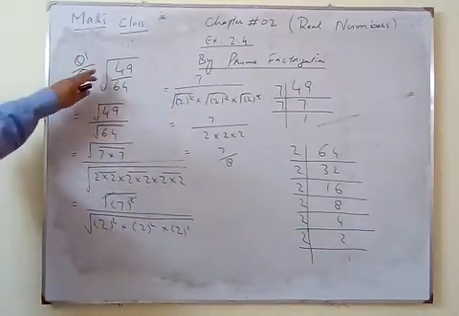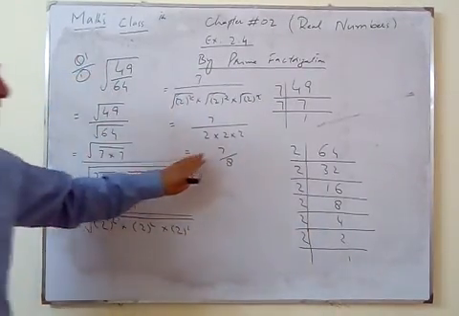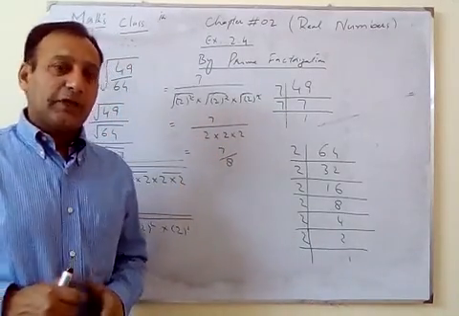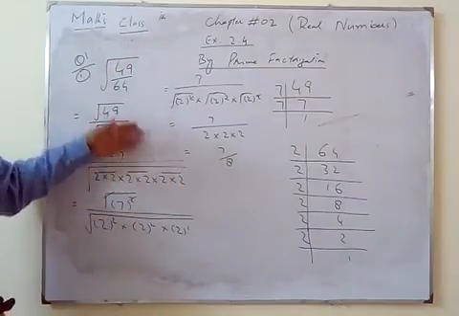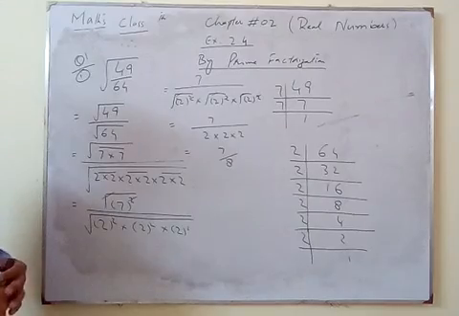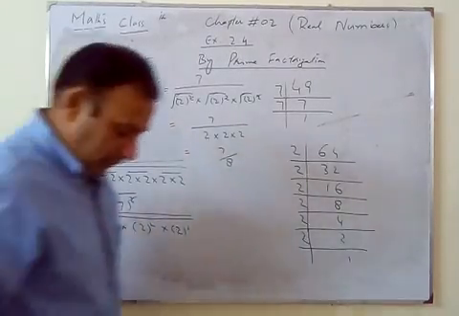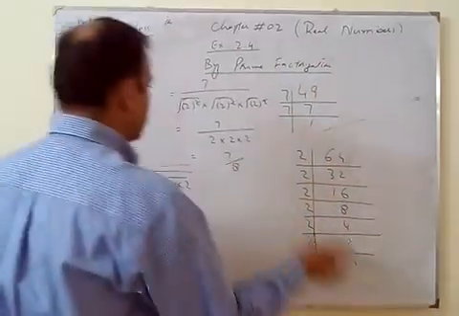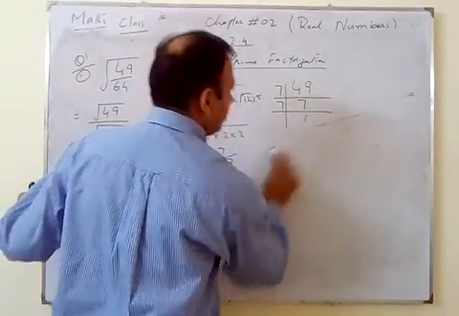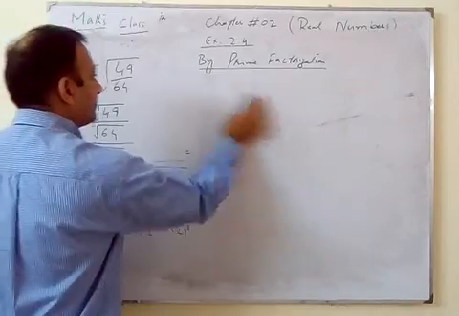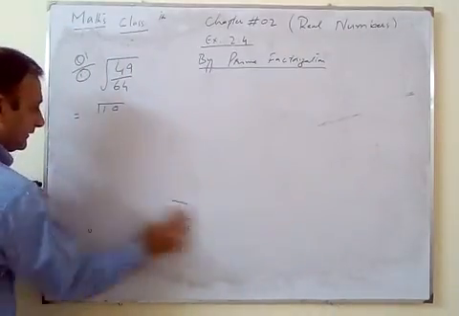So square root of 49 by 64 is 7 by 8. So by this method we can find the square root of common fraction. So I solve 1 or 2 more questions here for your convenience, for your understanding.